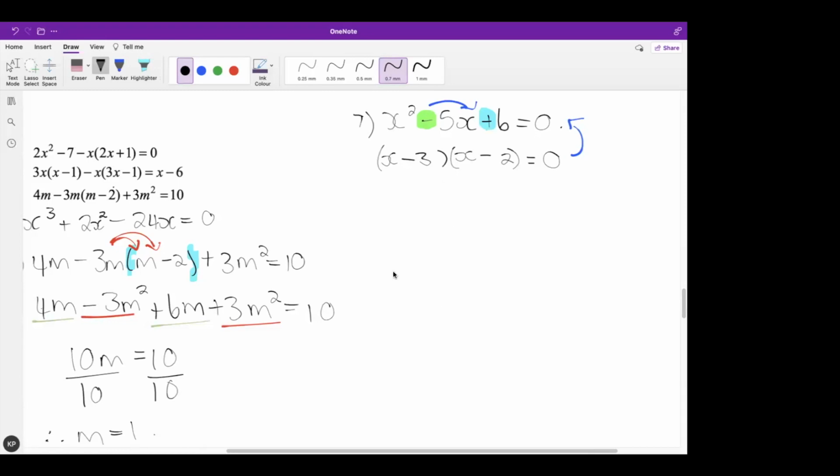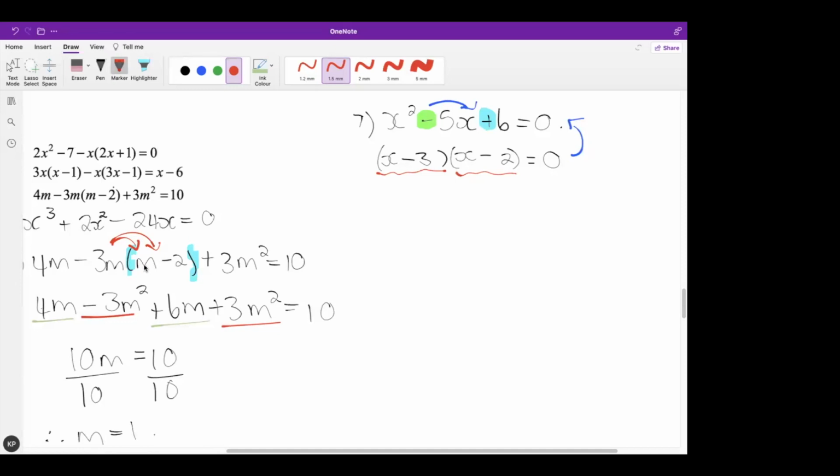What does an equation mean, guys? Nice, Alice. That is why we do it. An equation means my left-hand side is equal to my right-hand side. So, do you agree that my equation currently is saying this whole bracket times this whole bracket is equal to 0?